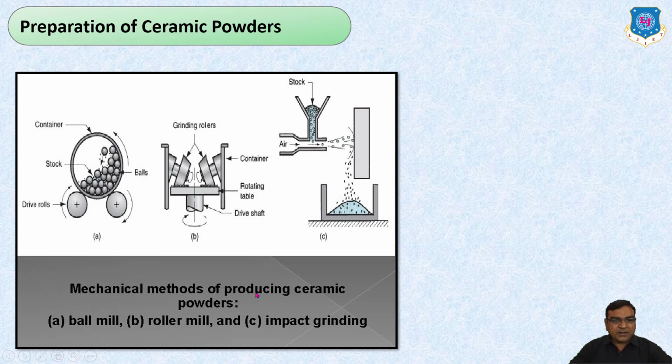So, mechanical methods of producing ceramic powders: first ball mill, second roller mill, and third impact grinding processes.